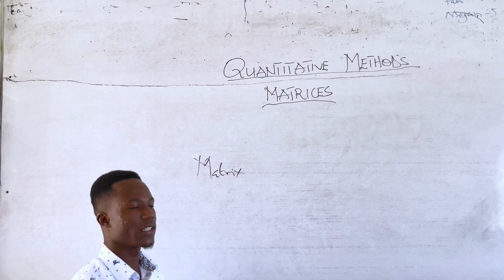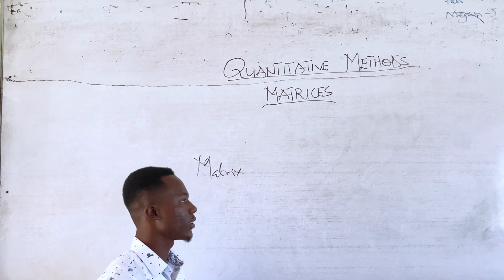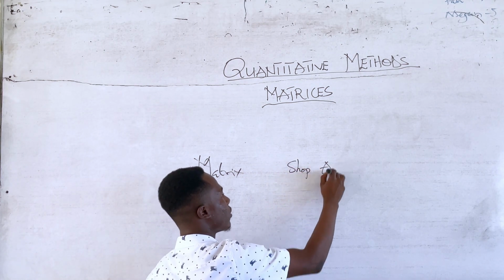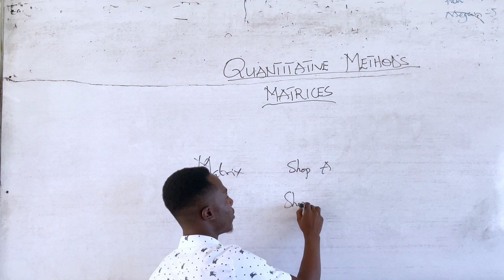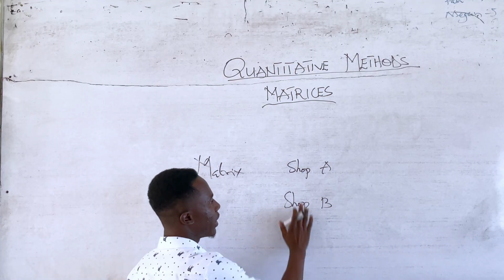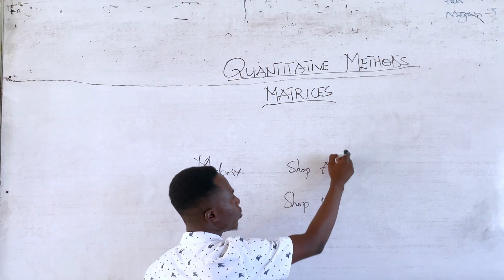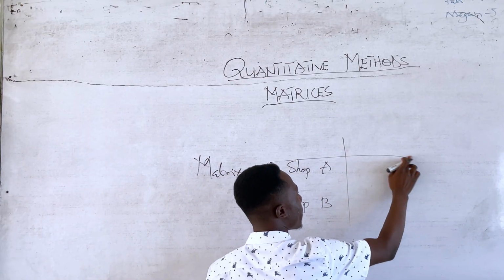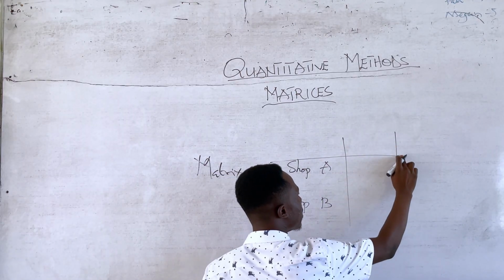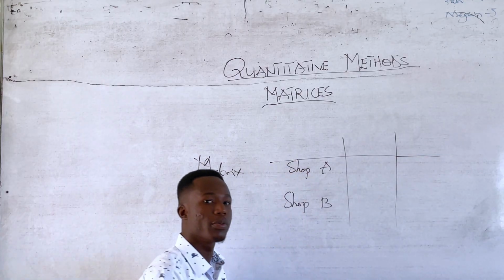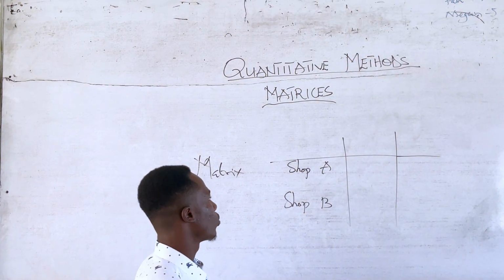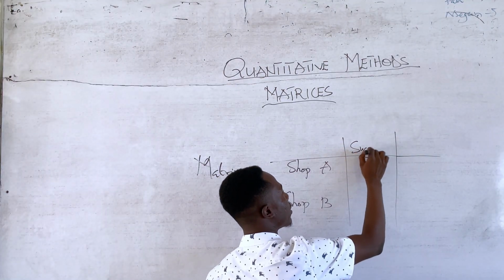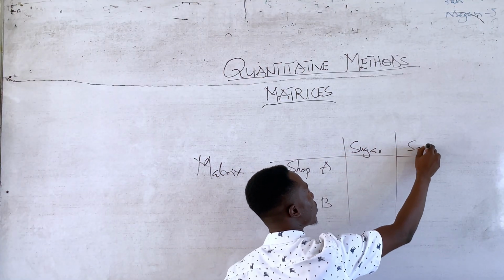The reason is, assuming you have two shops. Suppose you have shop A and shop B, and you are going to look at the sales that they made in, let's say, the previous week. For products, you can say sugar and salt.